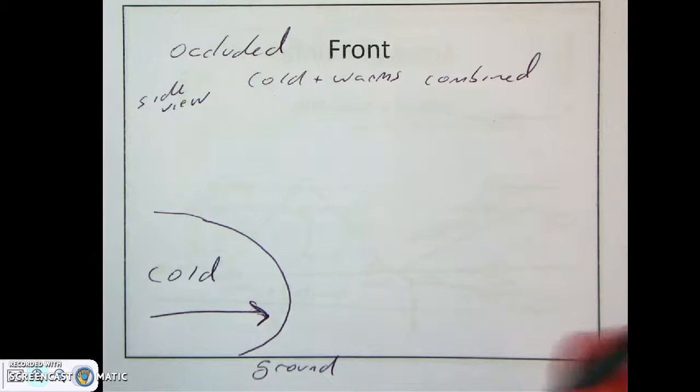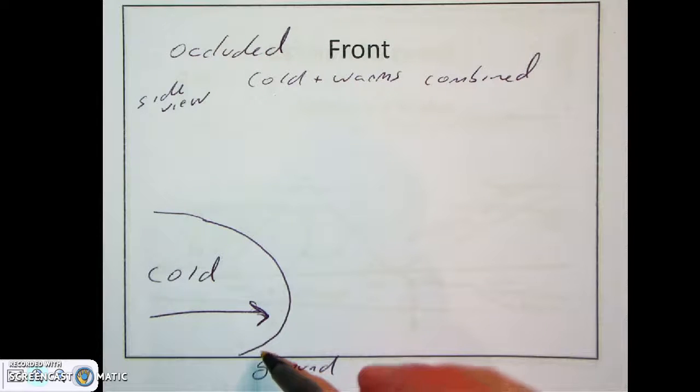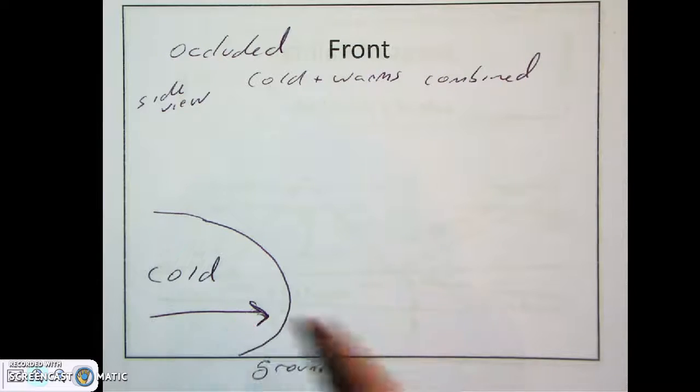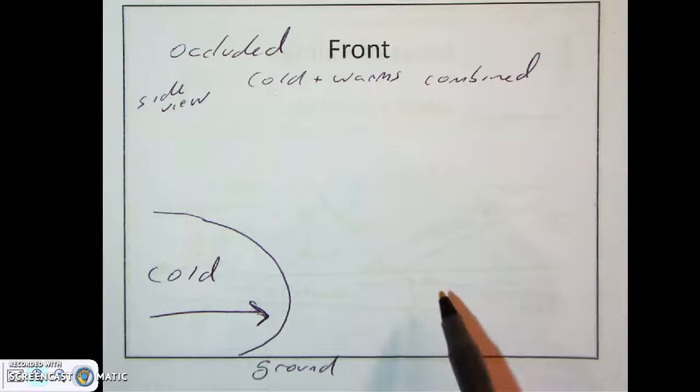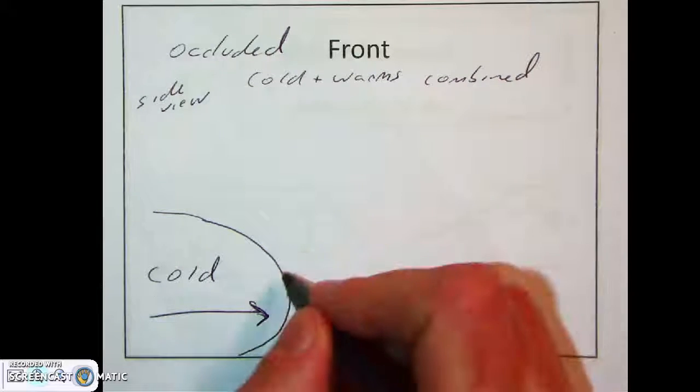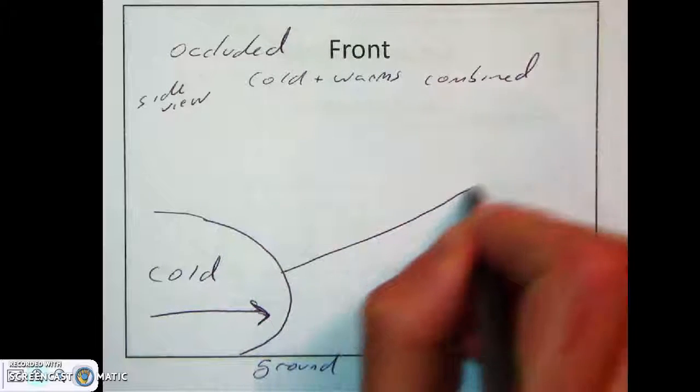But what's happening is that the cold front, in this case, has caught up to the warm front. The cold front's moving faster. The warm front isn't moving as fast. The cold front and the warm front catch up to each other, and they sort of combine together. And what you end up with is a situation where you have something that looks kind of like this.